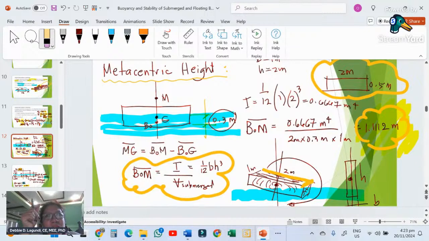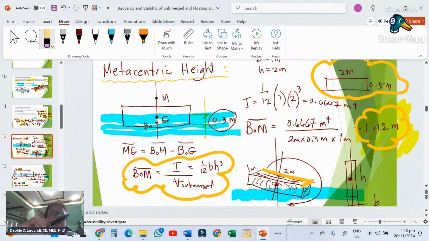What is the metacentric height? That is the point where tilting can be reckoned or referenced. What causes the tilting? Wind pressure and the like, but the body can still go back if the weight provides the same counter moment to the tilting caused by wind pressure or other disturbing forces around it.